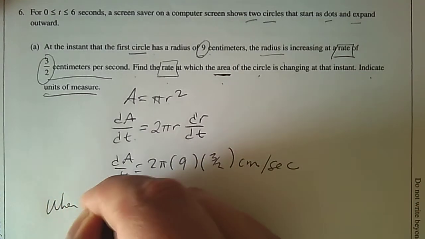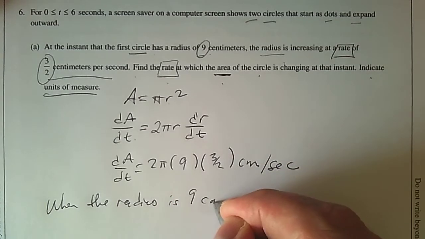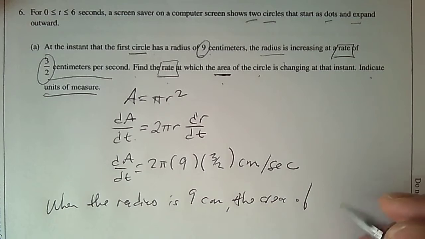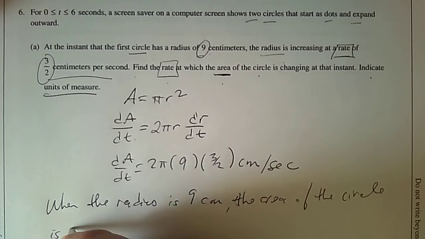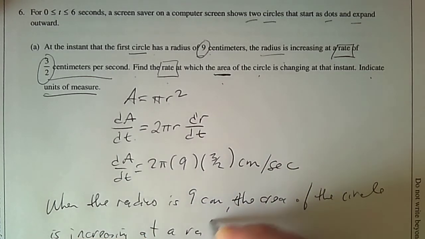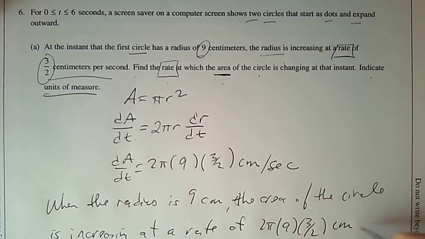So when the radius is 9 centimeters, the area of the circle is increasing at a rate of, and then you don't even have to simplify this, centimeters per second.